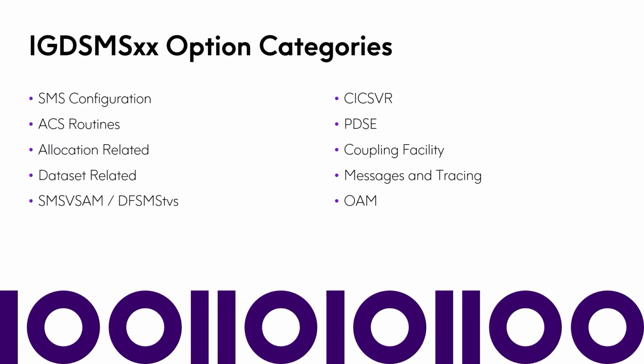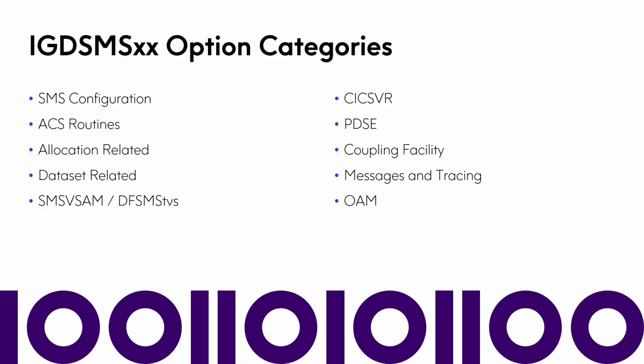Okay, so as we said, there's a lot of different parameters in IGDSMS00. There's so many, in fact, that we really need to break it down into a bunch of different categories. So we have here a dozen or so different categories. We won't go through every parameter in every category because this would be a very long webinar.